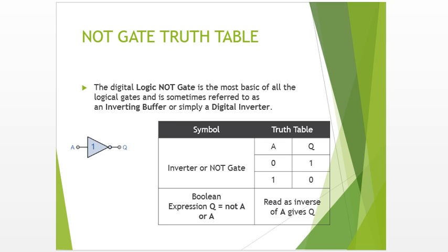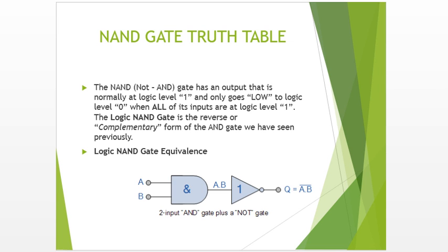The digital logic NOT gate is the most basic of all the logic gates and is sometimes referred to as an inverting buffer or simply a digital inverter. NAND gate truth table. The NAND gate is like a NOT AND gate, with an output that is normally at logic level 1 and only goes low to logic level 0 when all of its inputs are at logic level 1.